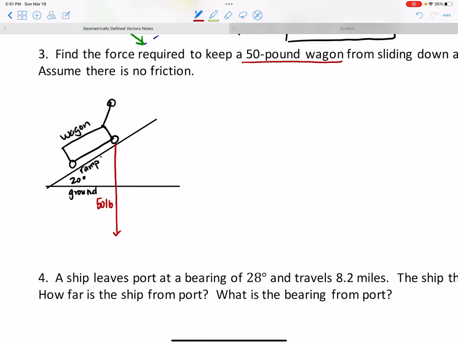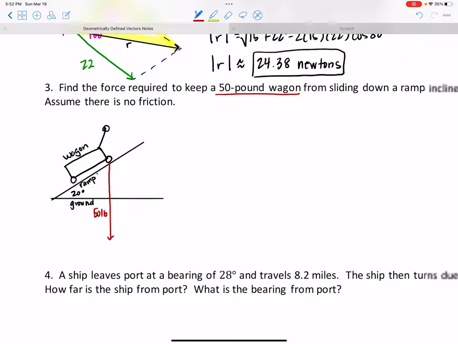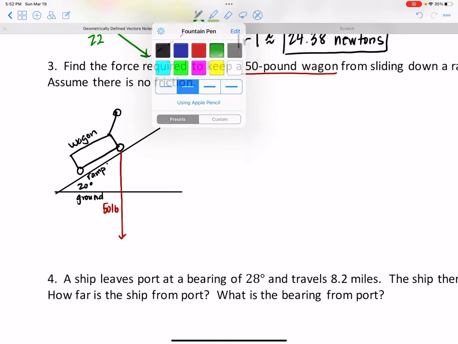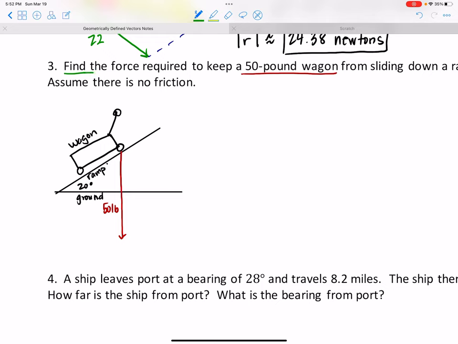What it's asking is find the force required to keep it from sliding. So somebody's holding the wagon with some amount of force, or something is holding the wagon with some amount of force, pulling it upwards to keep it from sliding downwards. So that's the force that I'm trying to find.